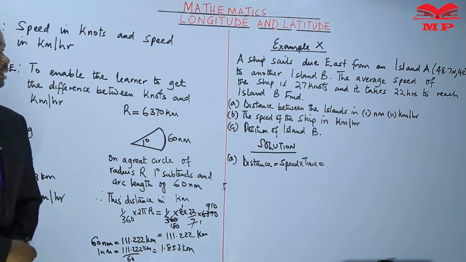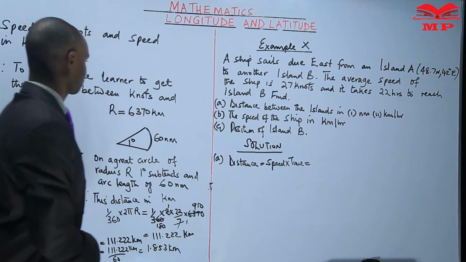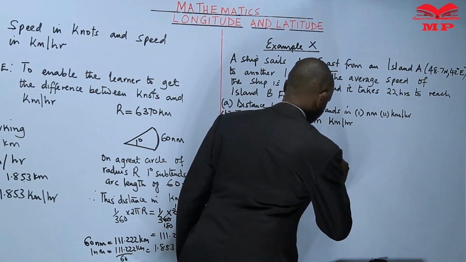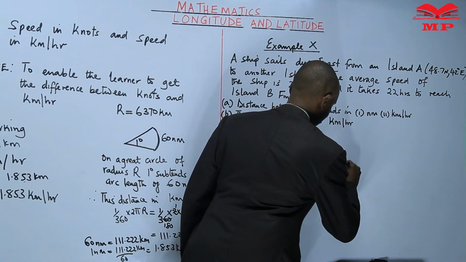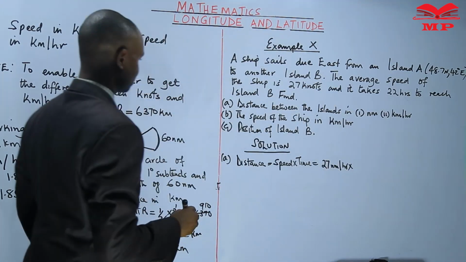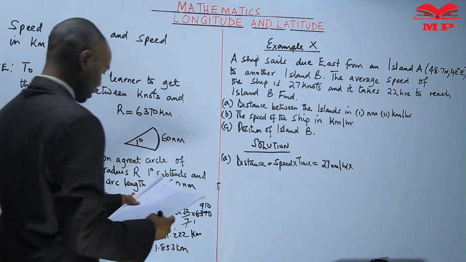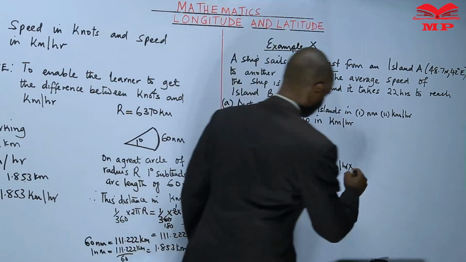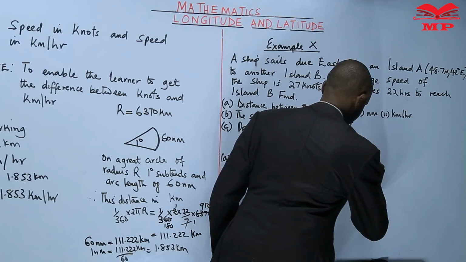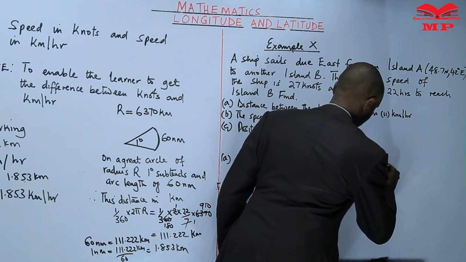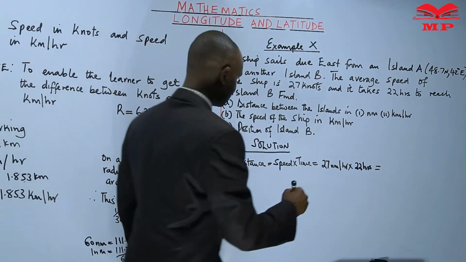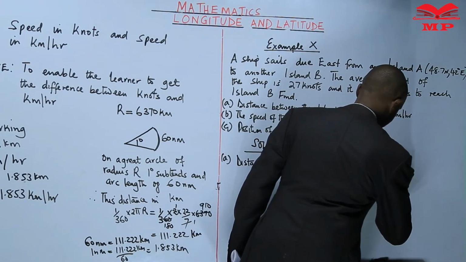The speed is already given as 27 knots, which is 27 nautical miles per hour, times 22 hours. So learner, on working out that, you'll get 594 nautical miles.